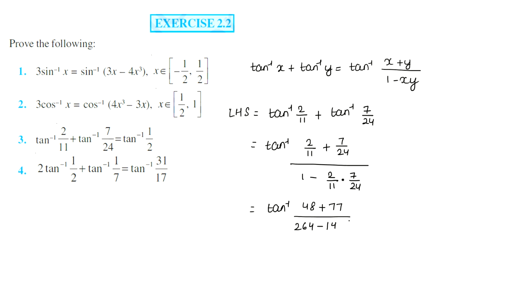Alright, and this is equal to tan inverse 125 by 250, and this is clearly equal to tan inverse 1 by 2, and this is nothing but our RHS. So this is how we can prove the third part.